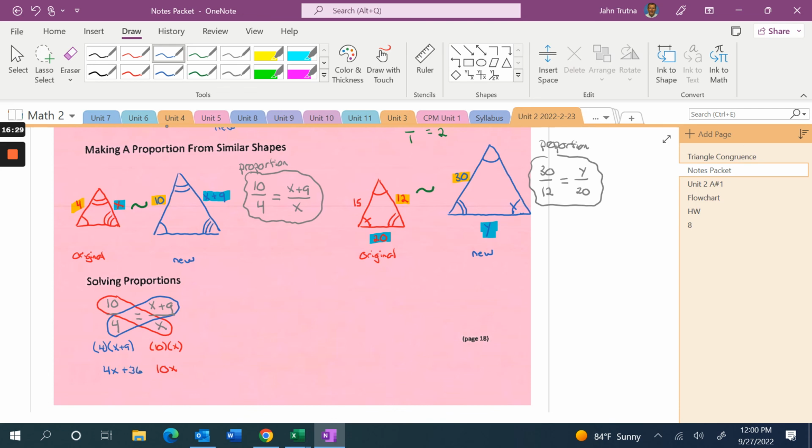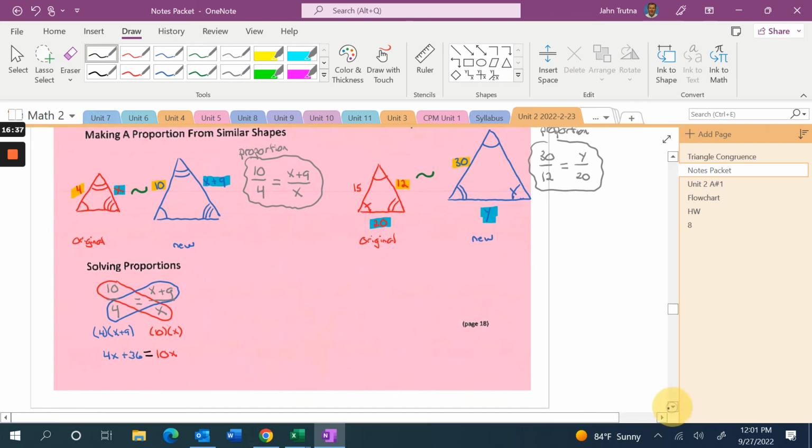And whenever you cross multiply, the two results are equal to each other. So we get the equation 4x plus 36 equals 10x, and then I solve this equation. I'm going to subtract 4x from both sides of the equation. That would cancel out the 4x's. I would bring down the 36, bring down the equal sign, and then 10x minus 4x is 6x.